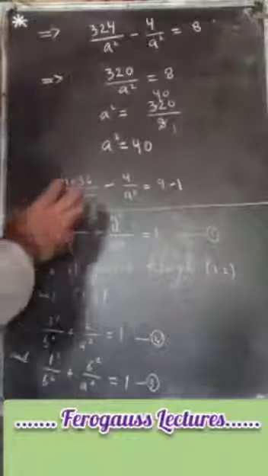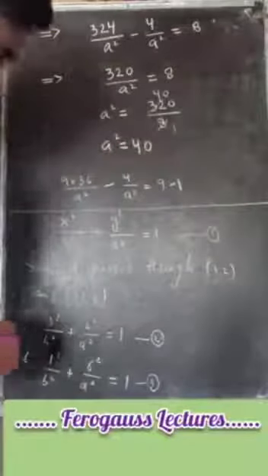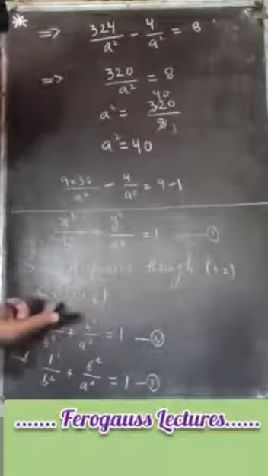Now we use the value of a square in equation second and we get b square.